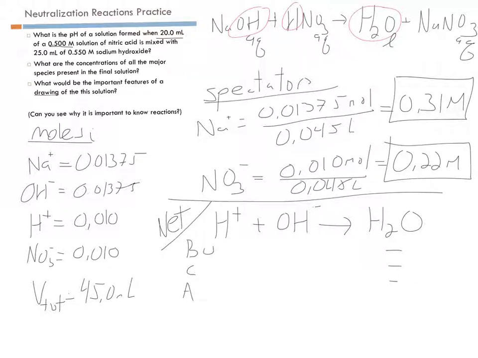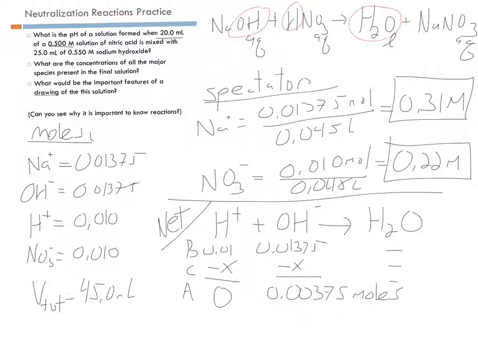My hydrogen is 0.01. My hydroxide is 0.01375. And since these are all going to be 1-to-1 ratios, it's really easy to see what the X value is. It's the smallest number. The hydrogen is going to 0. X is 0.01, which leaves me with 0.00375 moles of hydroxide.